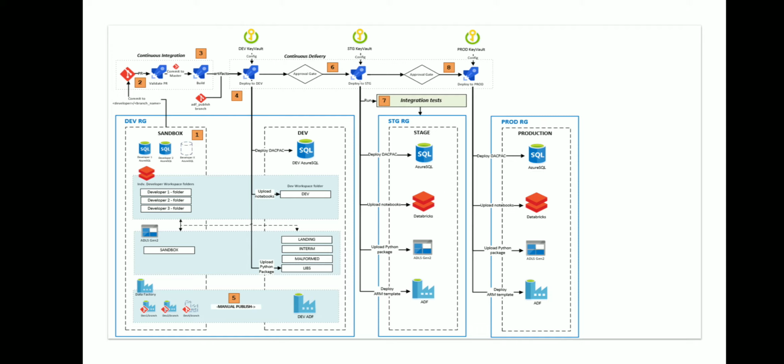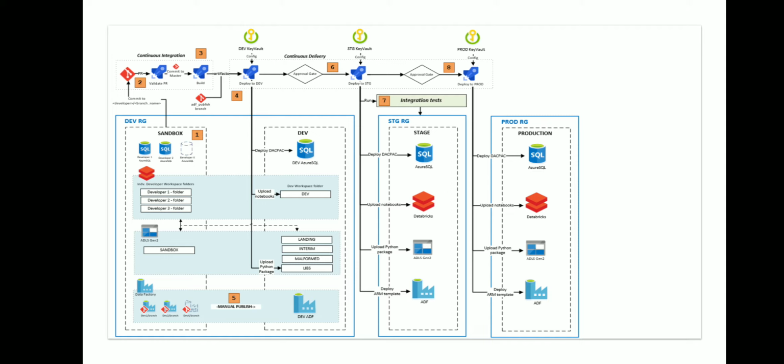But in this case I'm just going to walk you through the workflow, and I wanted to showcase the architecture, how it looks like when you deploy continuous integration and continuous deployment in a modern data warehouse or modern data platform architecture. It is not same as we used to see in the past.